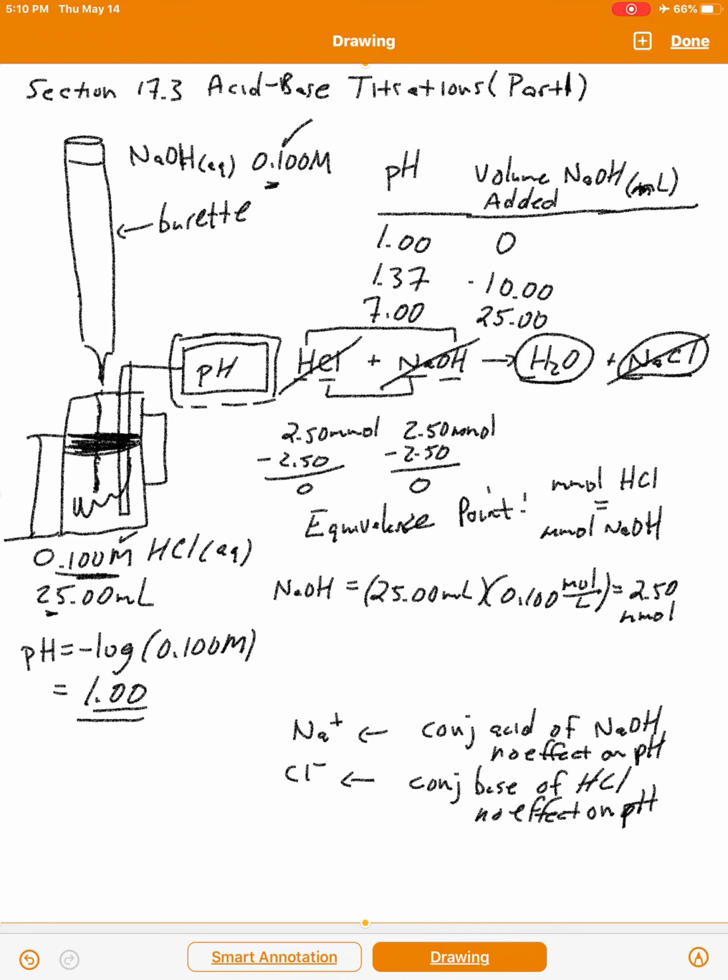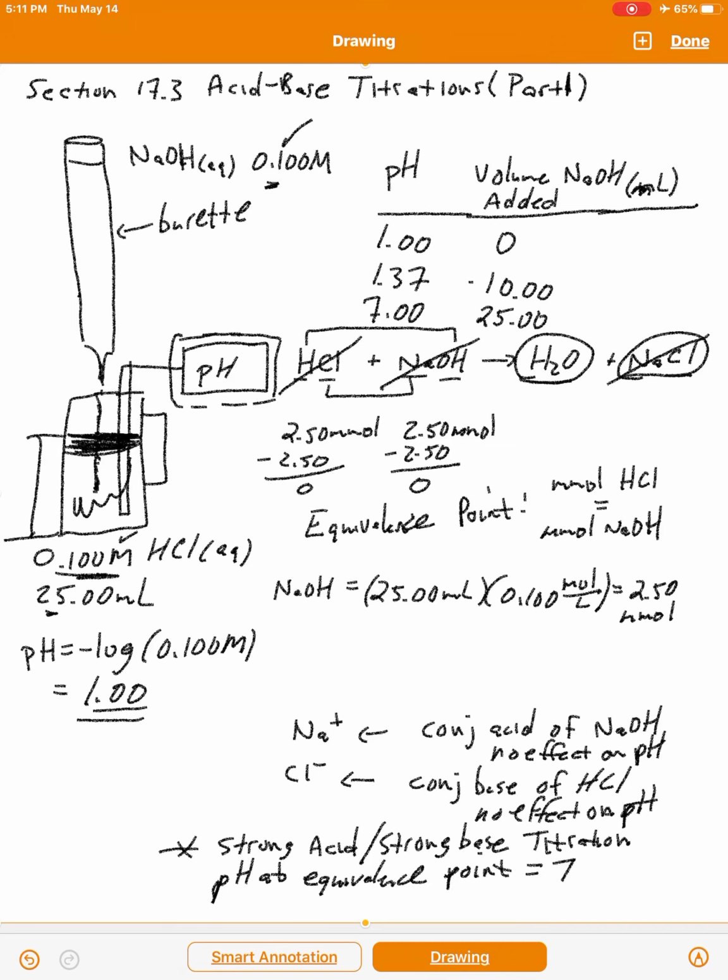And so I'm going to give you an important conclusion out of this. For a strong acid, strong base titration, the pH at the equivalence point is equal to 7.